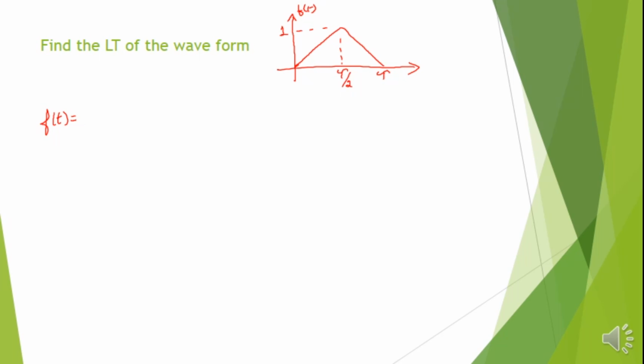Next, check the slope of the line that starts from 0. This is the line which starts from t equal to 0. What is the slope of this starting line? Slope is 1 by tau by 2, that is 2 by tau.